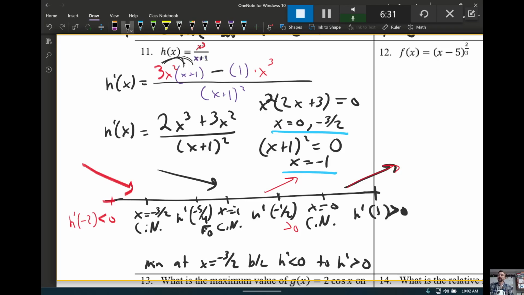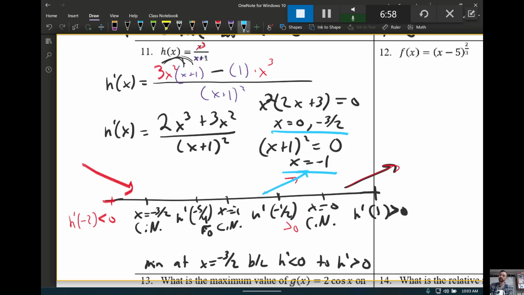But going from negative slope to negative slope does not create a relative min or max. Going from positive slope to positive slope doesn't create a relative extrema. But right here, when it goes from decreasing to increasing at, sorry, I lied. I told you I was going to cheat.